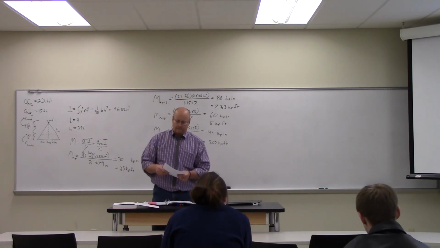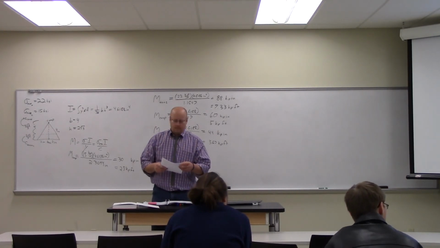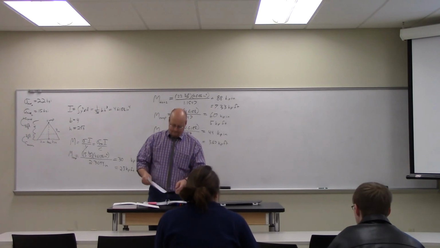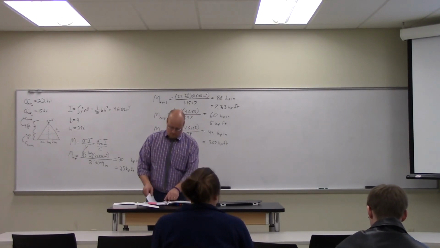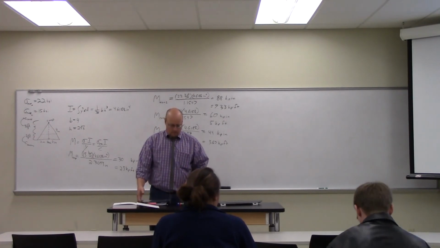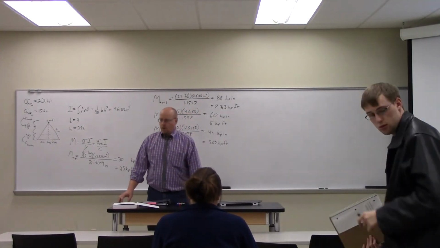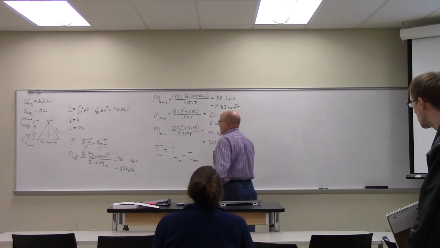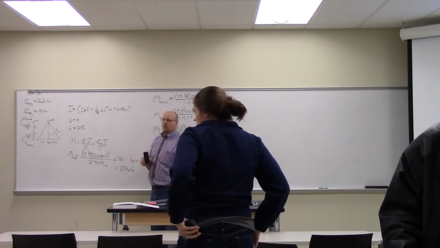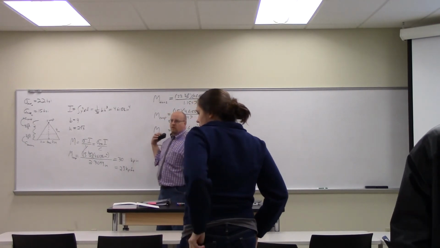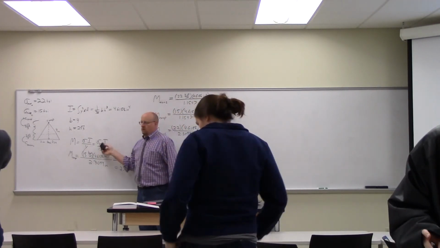Any questions? So, would you just do stress times y, because your y would still be the same, times the addition of all your inertias, or would you do them separately? Right, you have a compound moment of inertia. Calculate what that moment of inertia is, and then you come back here.